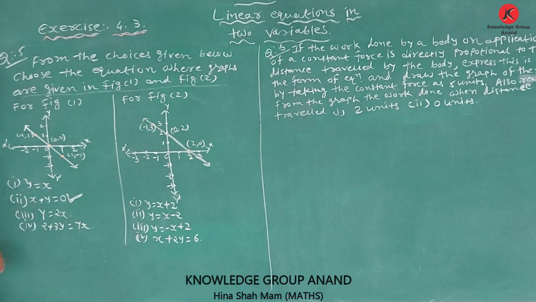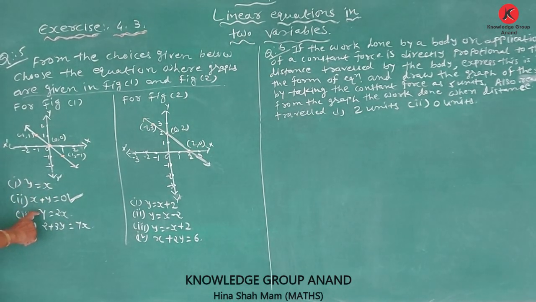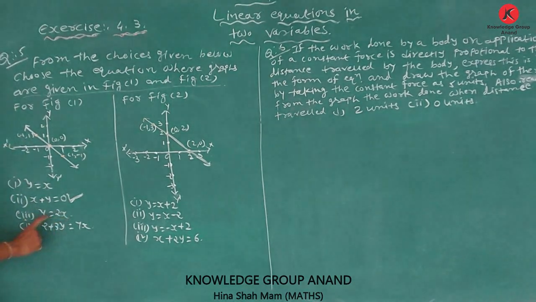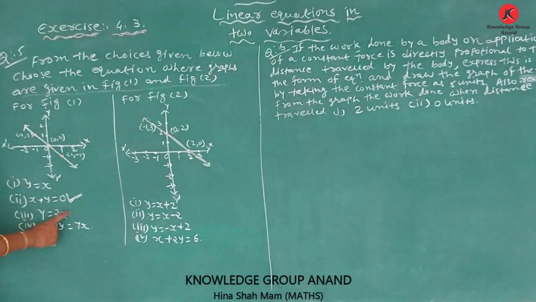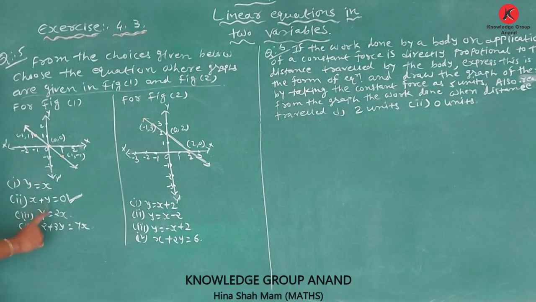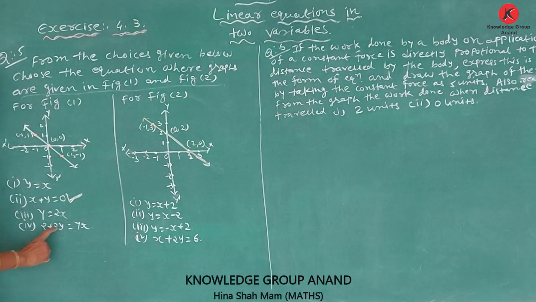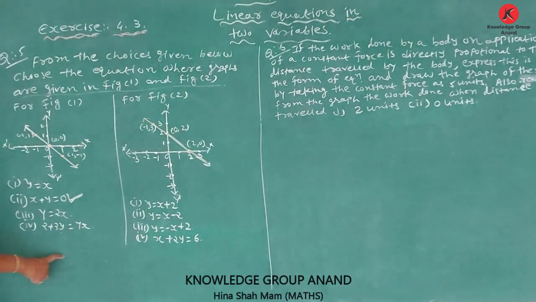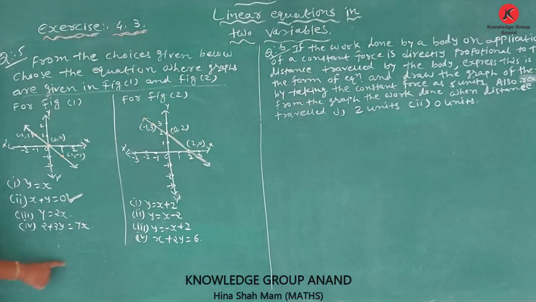Equation number 2 is valid. Now equation 3, y is equal to 2x. Putting y equal to 1 and x equal to -1, 1 is equal to 2 times -1, which is -2, not valid. Now 2 plus 3y is equal to 7x. Putting x equal to -1 and y equal to 1: 2 plus 3 into 1 is 5, so our left side is equal to 5.